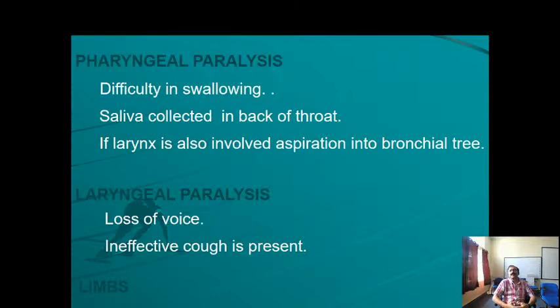Pharyngeal paralysis will result in difficulty in swallowing, saliva collects in the back of the throat, the larynx is also involved, and aspiration into the bronchial tree can take place. Laryngeal paralysis can result in loss of voice and an ineffective cough, and in the limbs the most commonly involved are the dorsiflexors.